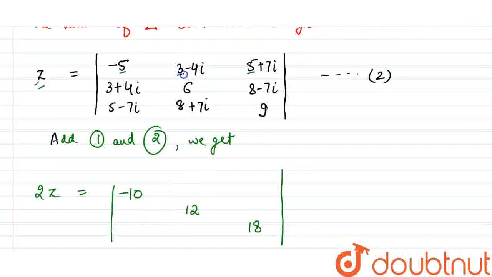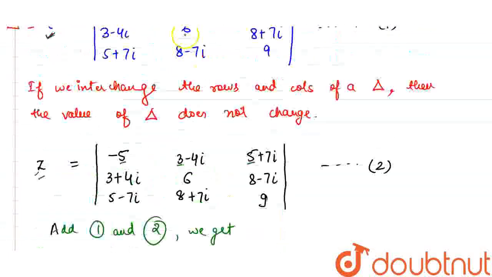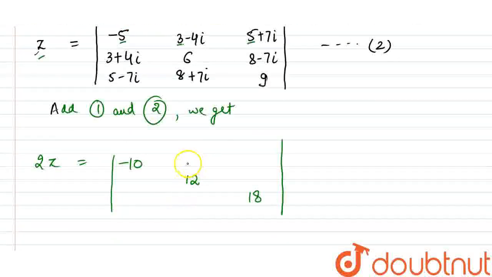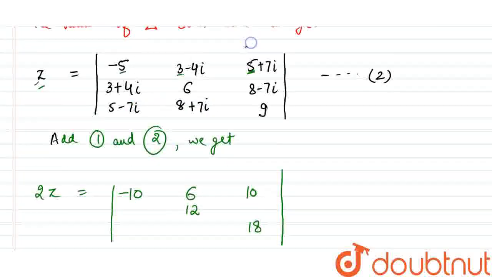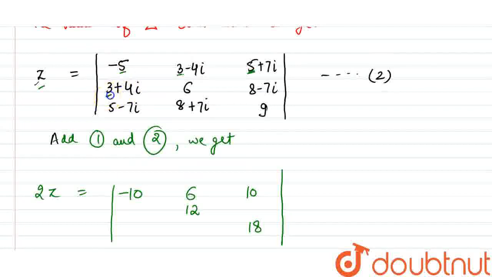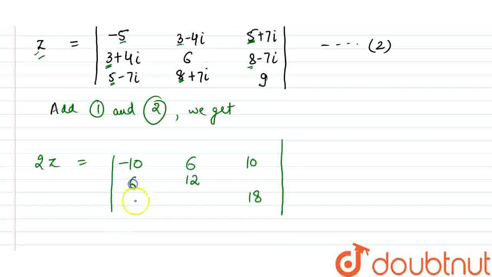So this will be 3 and 3, 3 from here and 3 from the other determinant, so 3 plus 3 is 6. This will be 5 plus 5, and similarly we will be having twice of each real part. So this is 6, 10, 16 and 16.